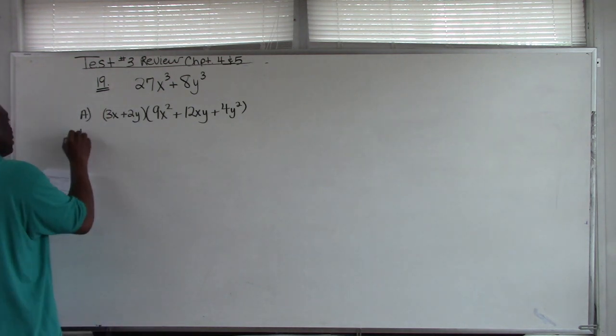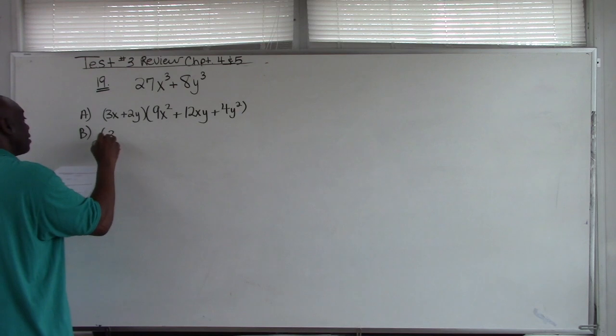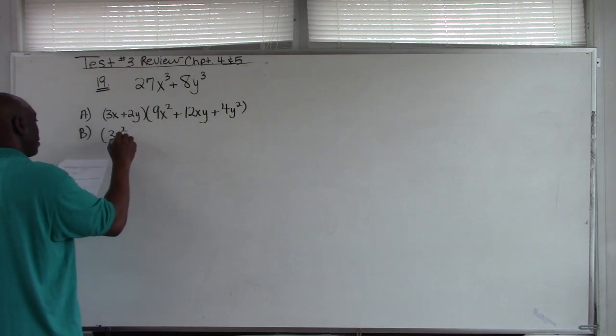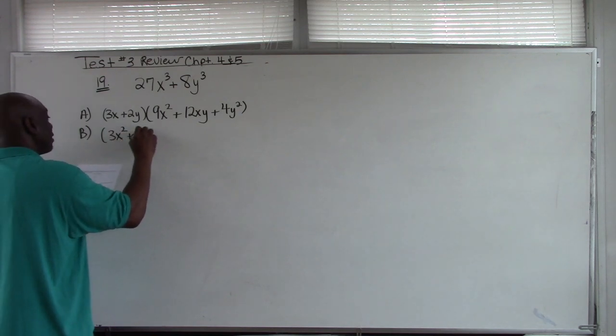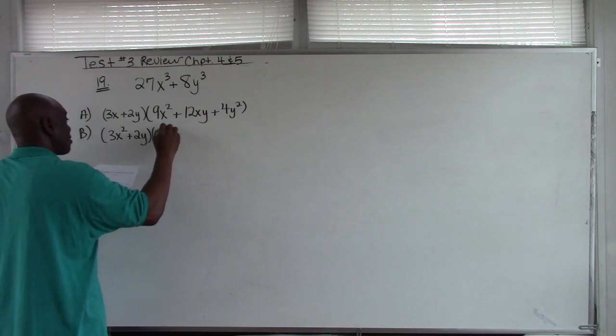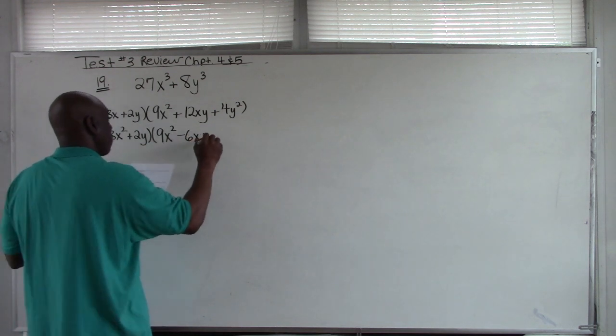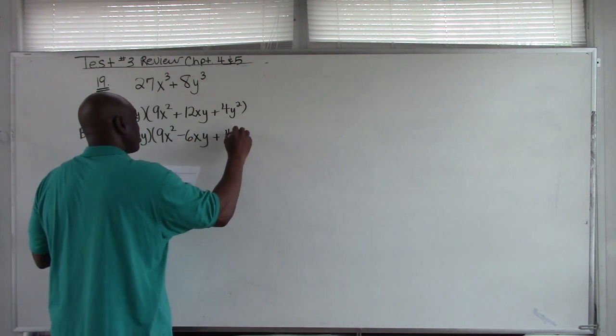It could be B, and B is 3x squared plus 2y times 9x squared minus 6xy plus 4y squared.